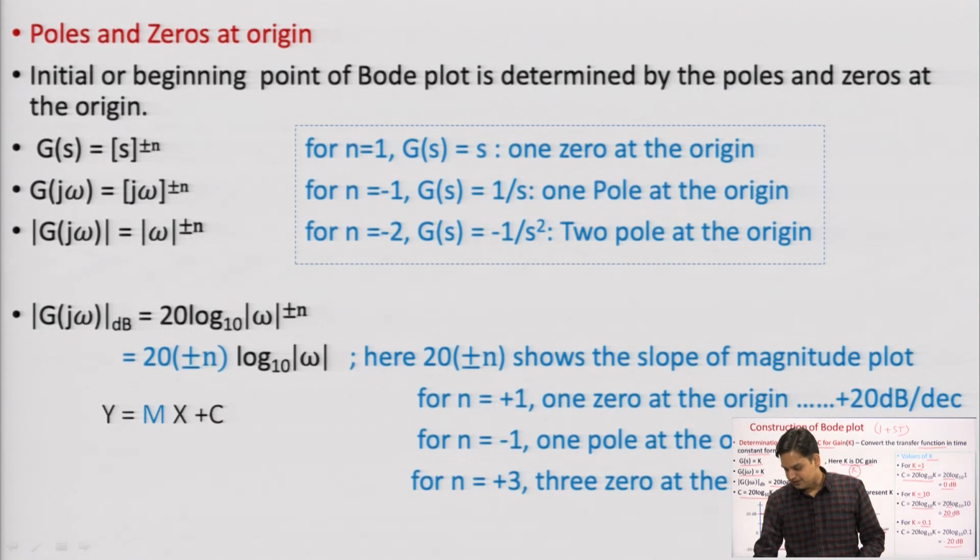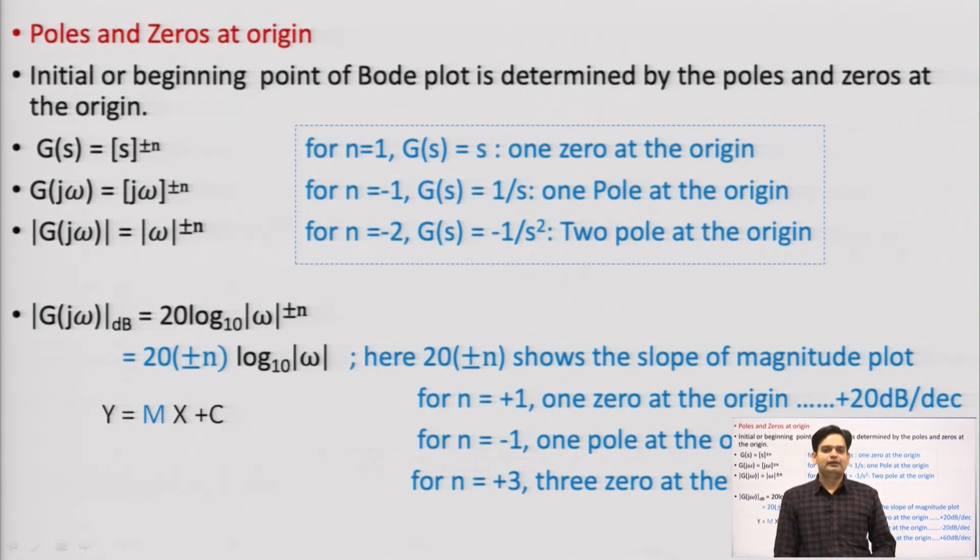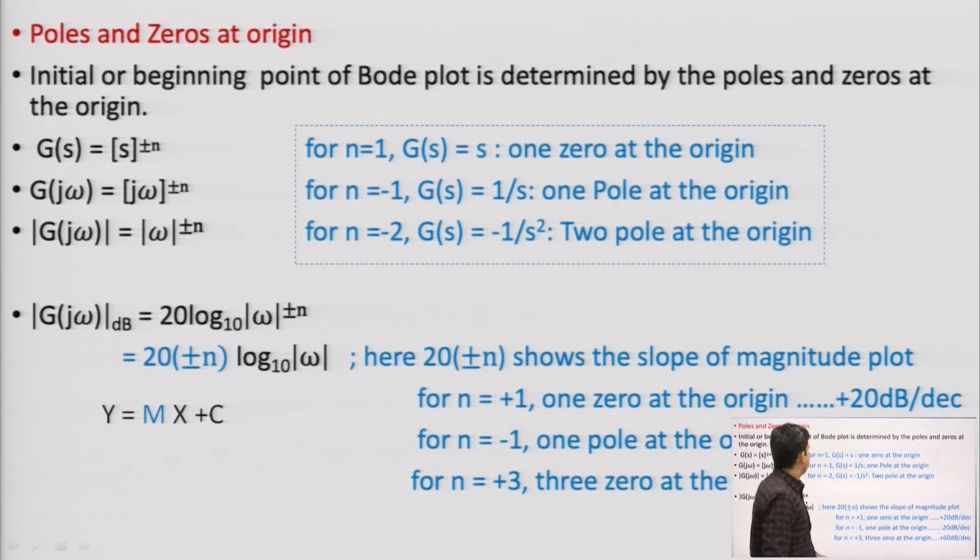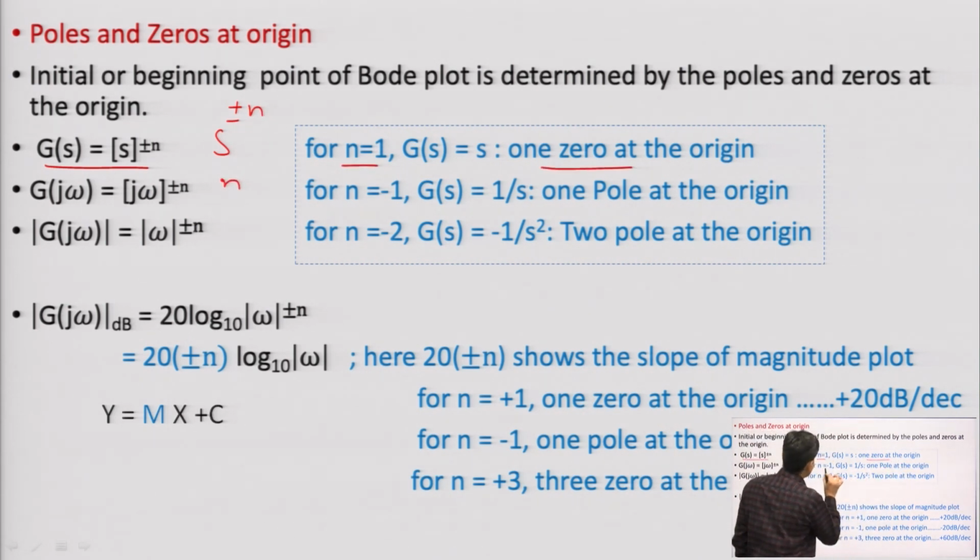Okay. In the same way, we would like to see certain poles and zeros at the origin. Okay. So, here G(s) is given by s raised to the power plus or minus n. If n equal to plus 1, it means 1 zero at the origin. If n equal to minus 1, 1 over s, it means 1 pole at the origin, and n equal to minus 2 means 2 poles at the origin.